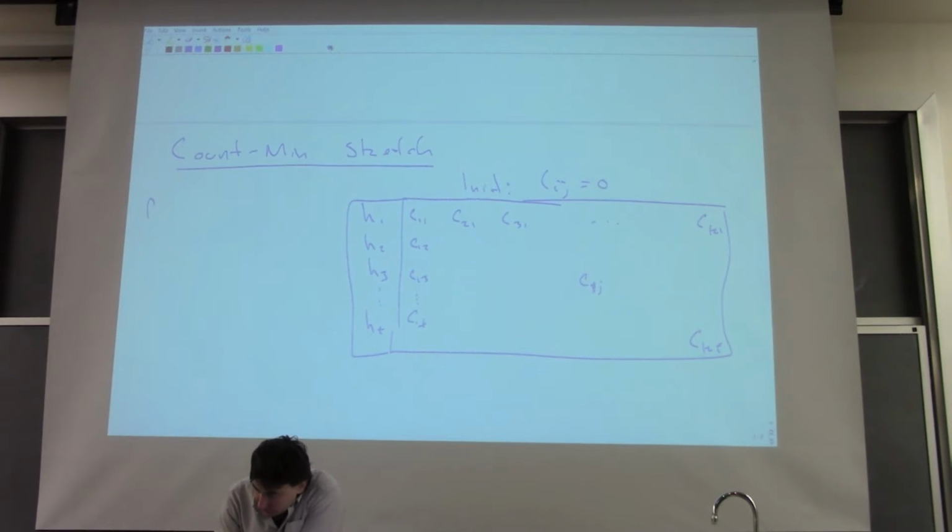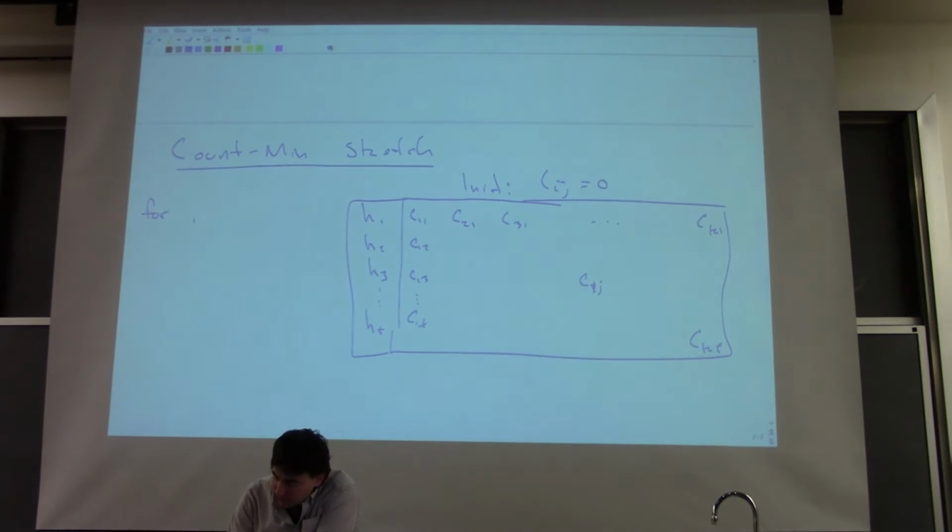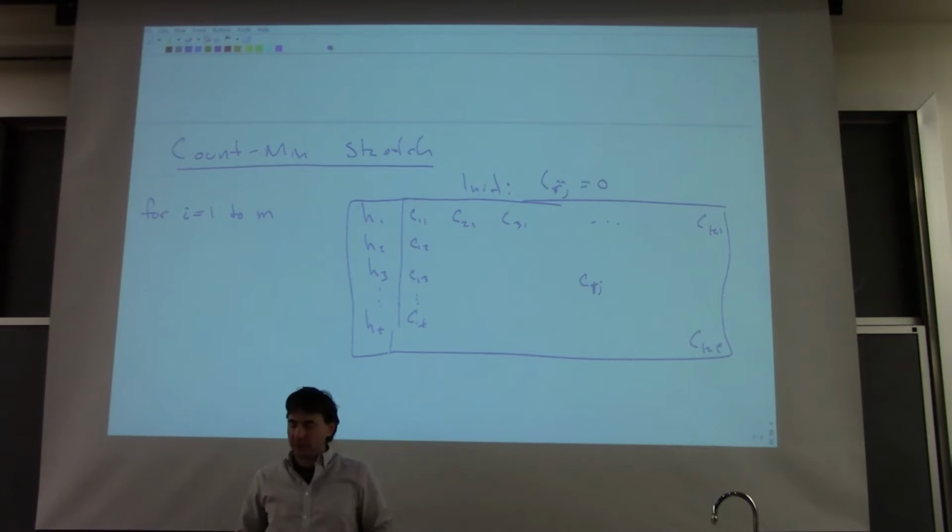Remember, the algorithm for the count min sketch is going to go for a_i in A. I'm going to loop over all these elements, for i equals 1 to m, so I loop over all the elements in my stream.